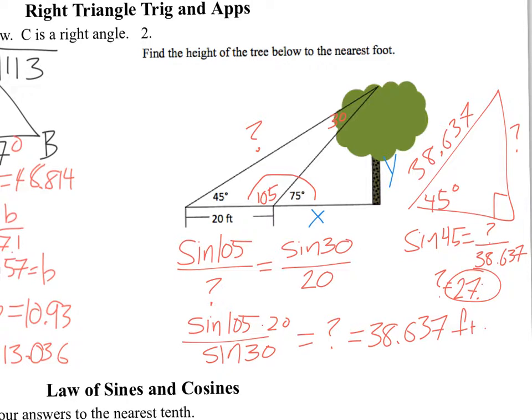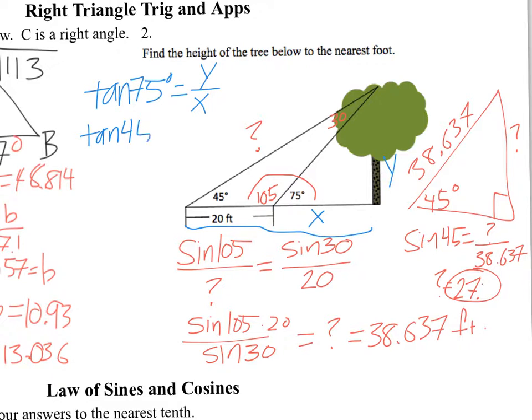So I could say that tangent of 75 was equal to y over x. And for the big triangle, we're looking at tangent of 45 is equal to y over 20 plus x for that whole bottom part.